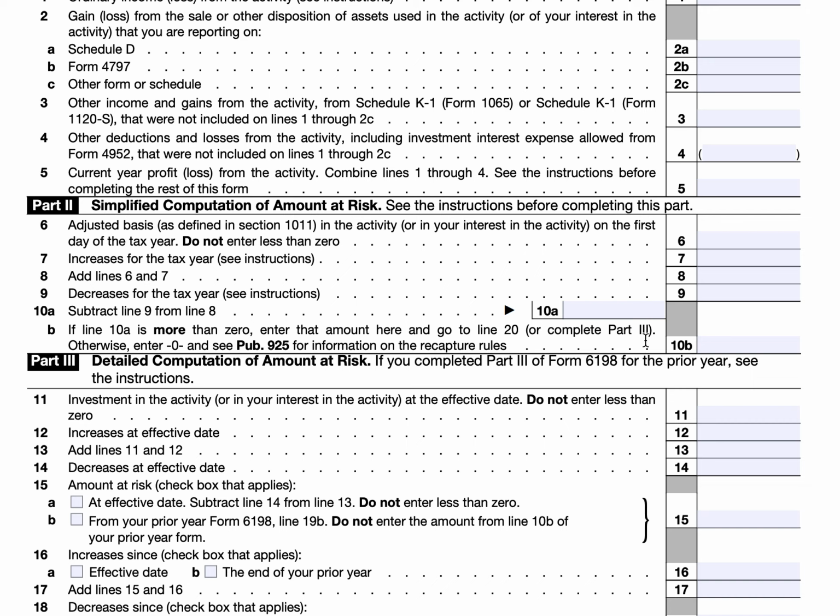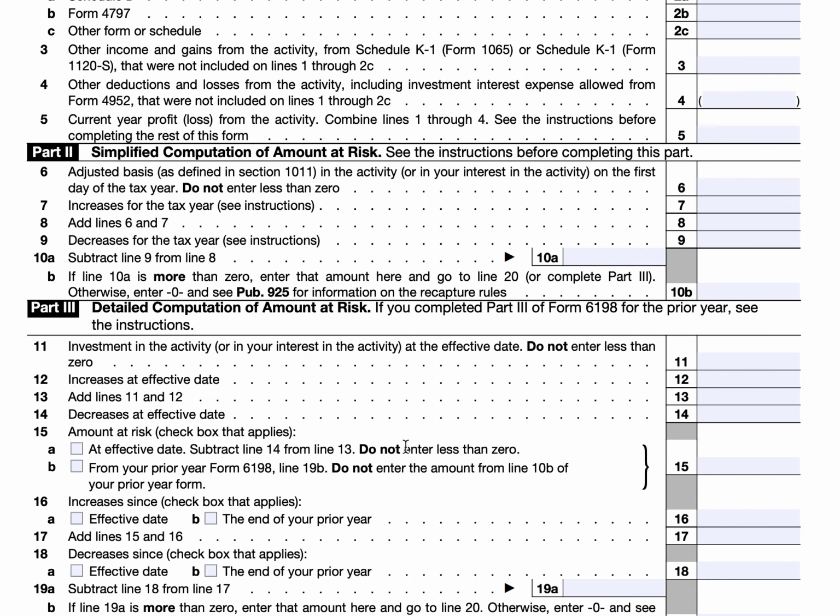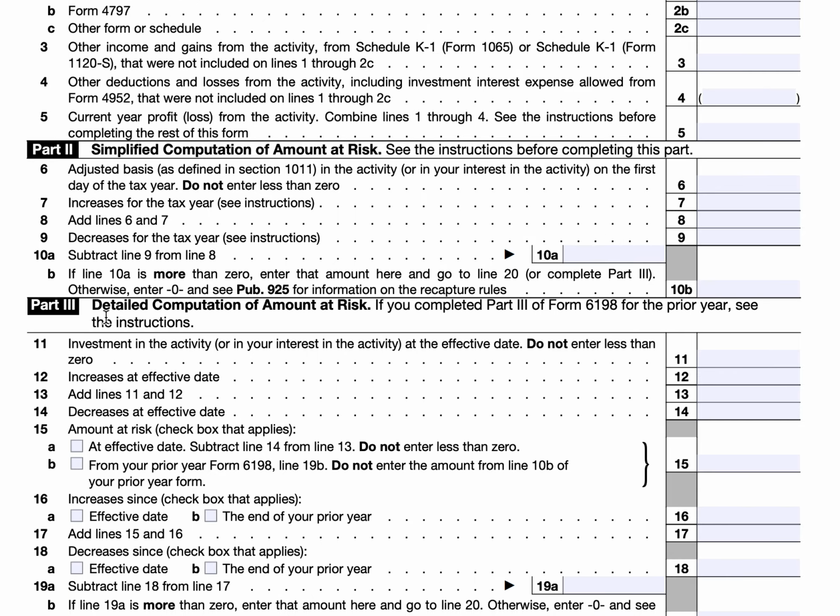If the amount on this line is smaller than your overall loss for the year on line 5, meaning that you can't deduct the full amount, then you may want to go ahead and do the calculations in part 3 just to see if you're able to increase the amount that you say you have at risk.